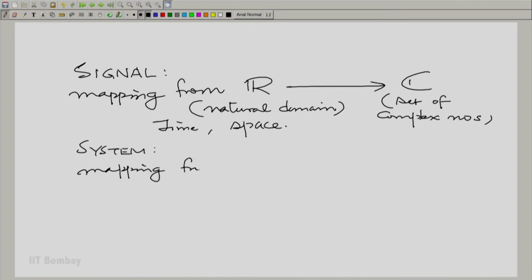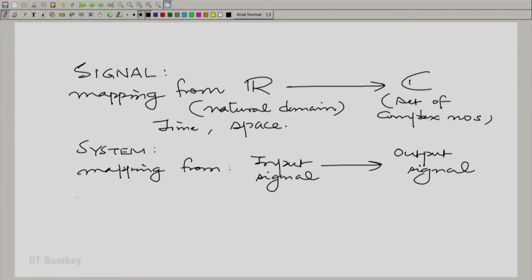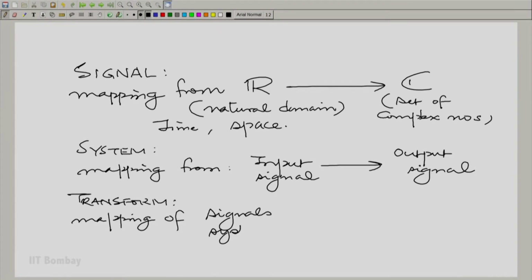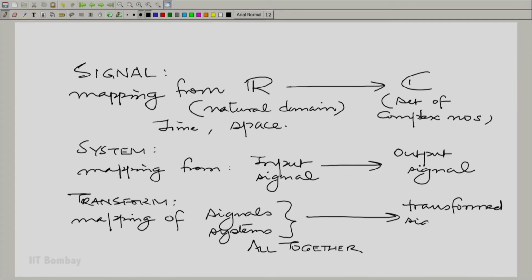A system is a mapping from signals to signals, and a transform is a mapping of the whole context all together, signals and systems, to what we might call transformed signals and systems. So, it is a mapping of the whole world view, so to speak, or the whole context, the signal systems, all of them get mapped.